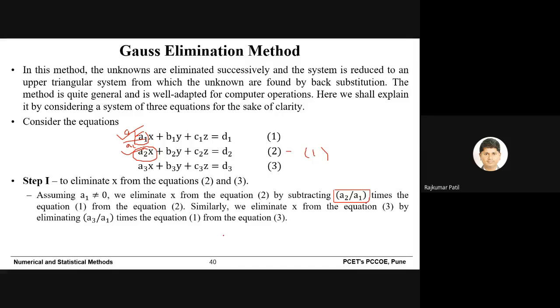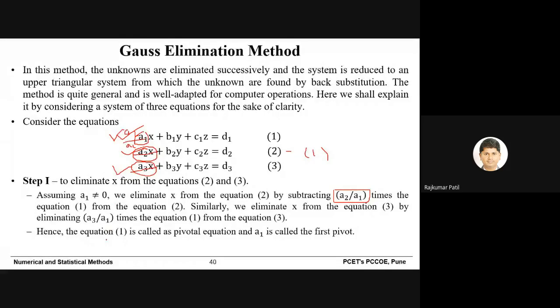Similarly, we can eliminate x from equation 3 by subtracting a3 by a1 times equation 1 from equation number 3. So this is how you can make a2x and a3x 0 from equation 2 and 3 respectively.